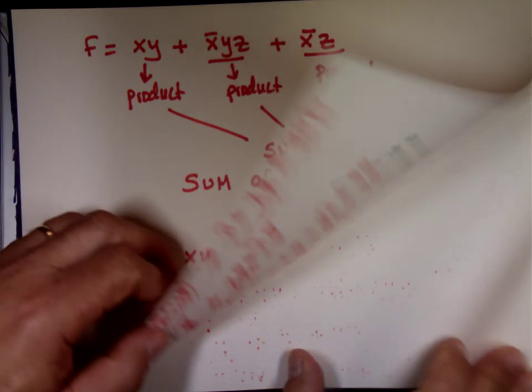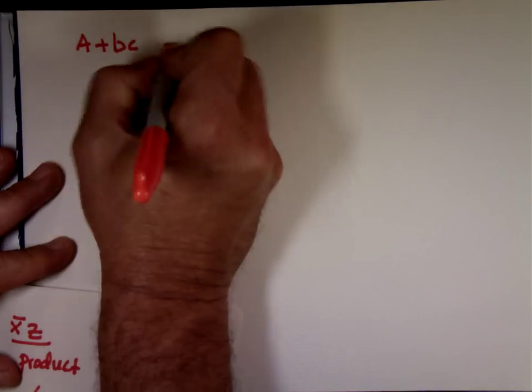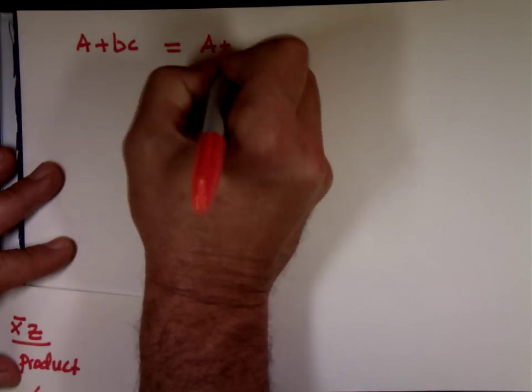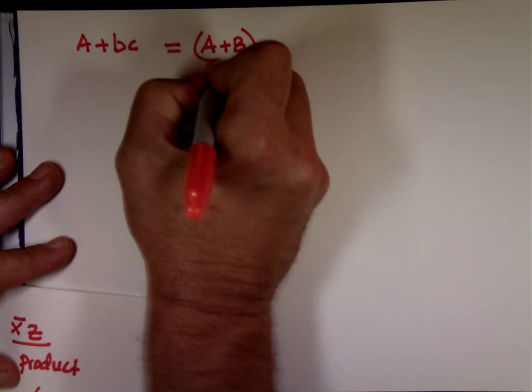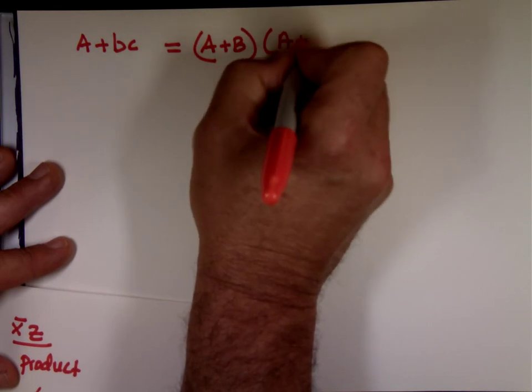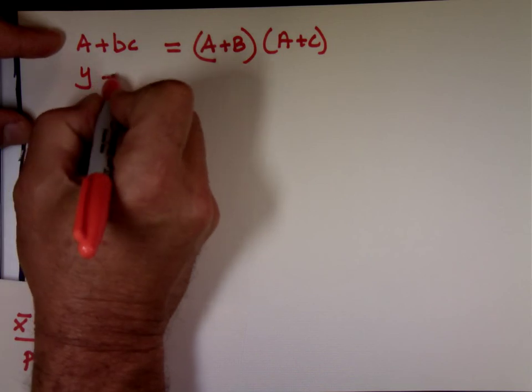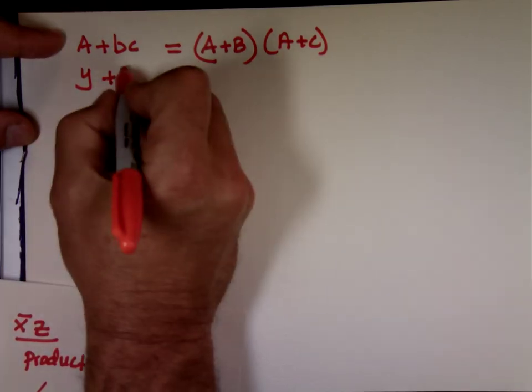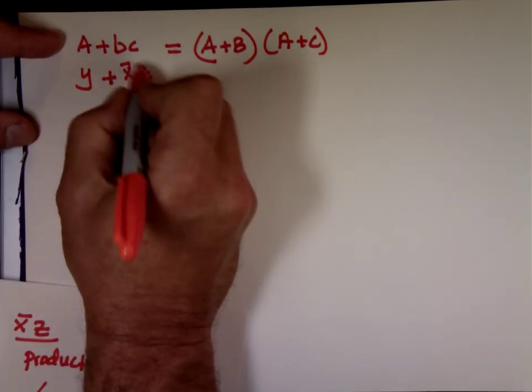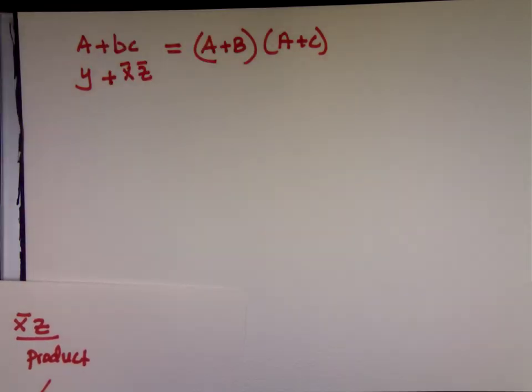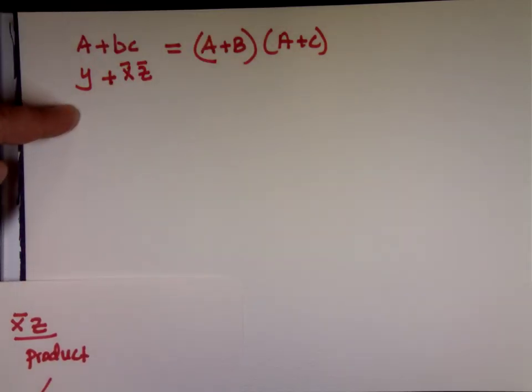Yep. So we have a rule that says A plus BC we can write as A plus B times A plus C. So if I look at my answer now, here we go. Y plus X bar Z bar. When you try to compare them, A is Y, B is what?